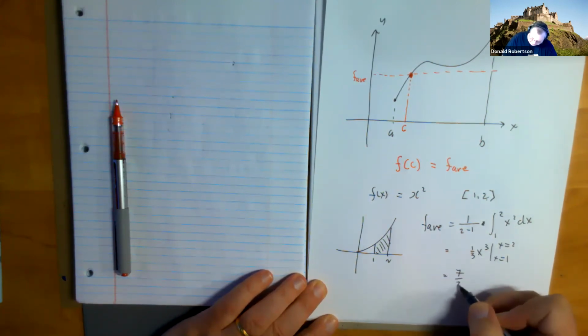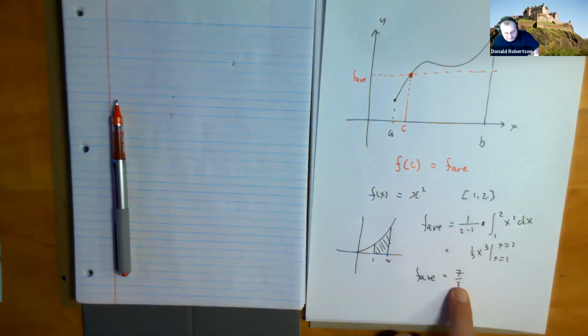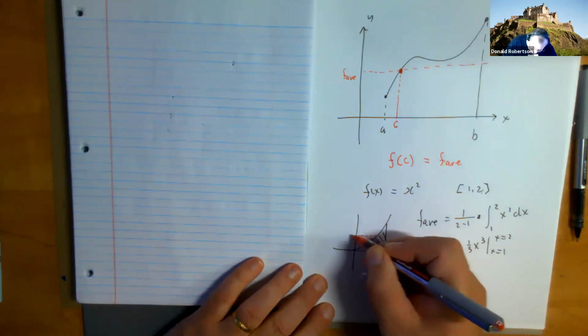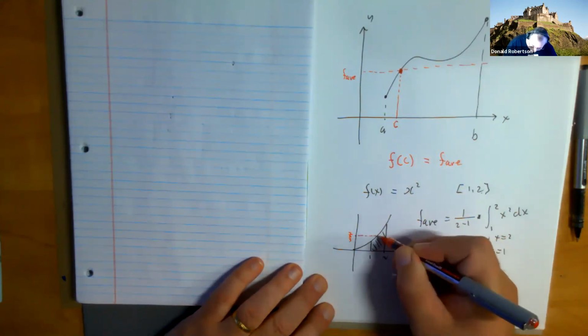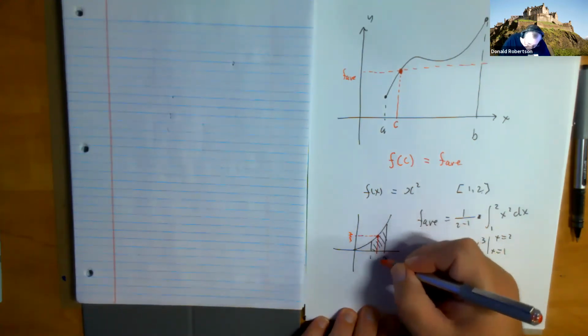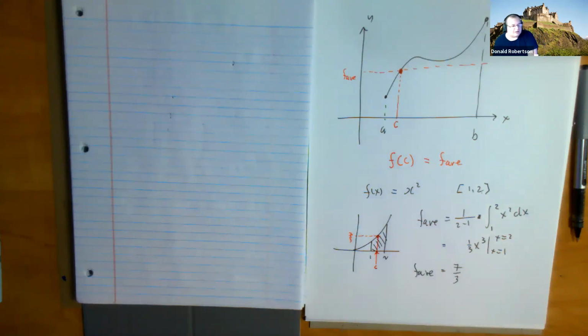I know it's really fast, but the average value of this function is 7/3. So can you imagine somewhere around about here, you get 7/3.